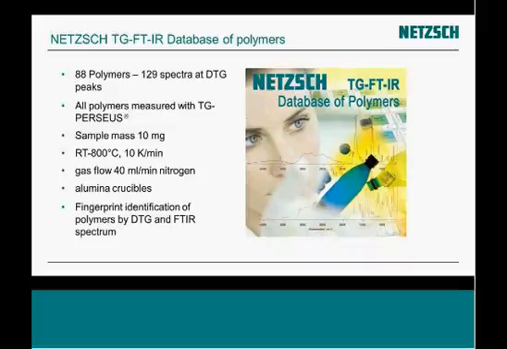Just one thing I want to point out is the good job we have done for the TG-FTIR database. We not only have the good database from Bruker, but NETZSCH also developed an FTIR TG database for polymers, including 129 spectra at the DTG peaks. That will provide a fingerprint identification for polymers by this TG and FTIR spectrum.